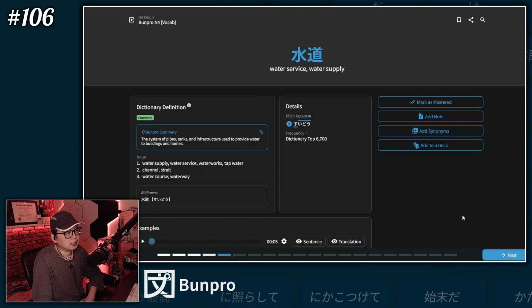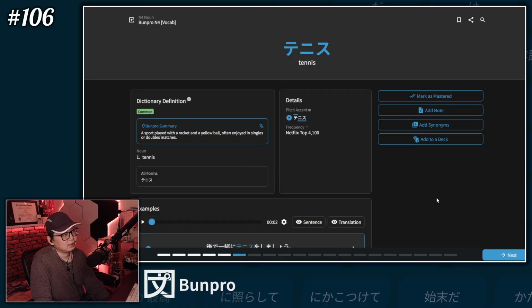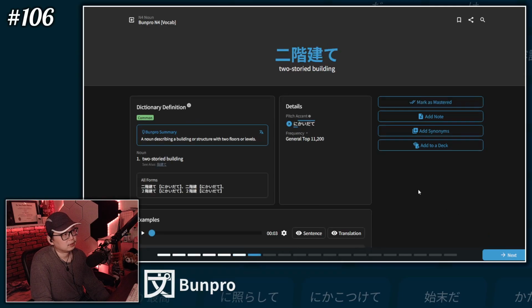Ryo. Okay. Suido is a road. This is like a path and water, but water services. A water street. Suido. Kenisu. Self-explanatory.